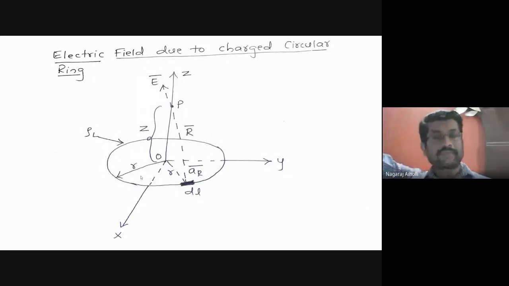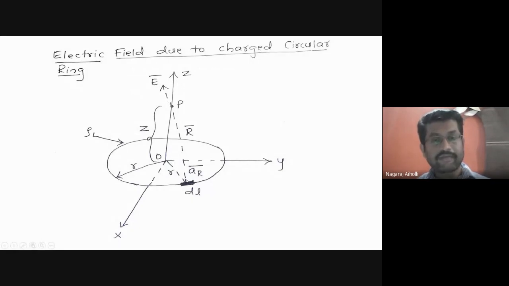The XY plane is the floor of your room where you're sitting, and this circular ring is placed parallel to that XY plane, with the Z axis as its axis.